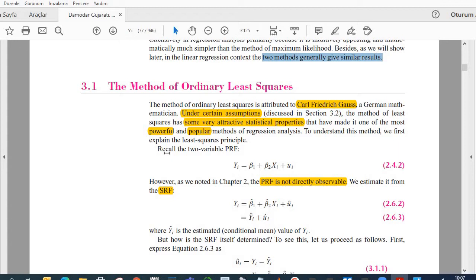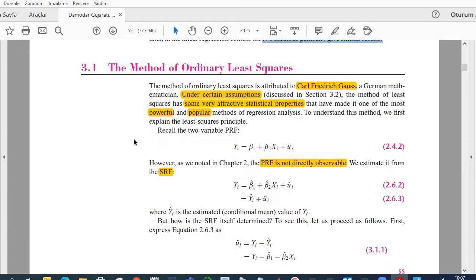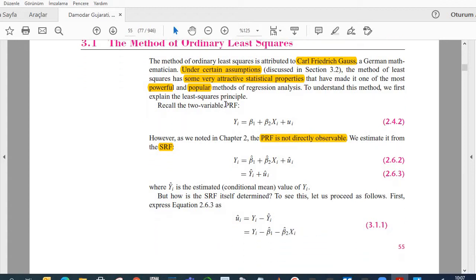First of all, we have to understand what's going on with the ordinary least square. So recall the population regression function. For the population regression function, we write this equation: yi equals beta 1 plus beta 2 xi and a stochastic term.